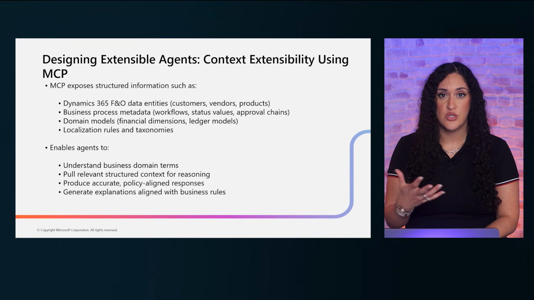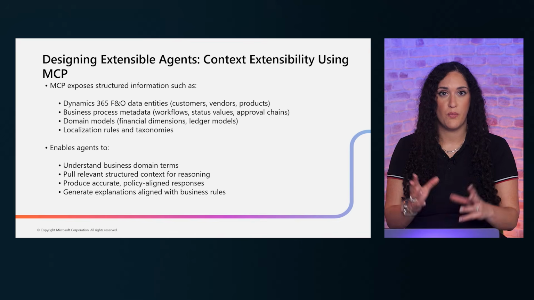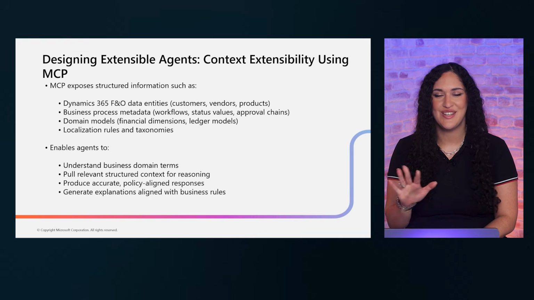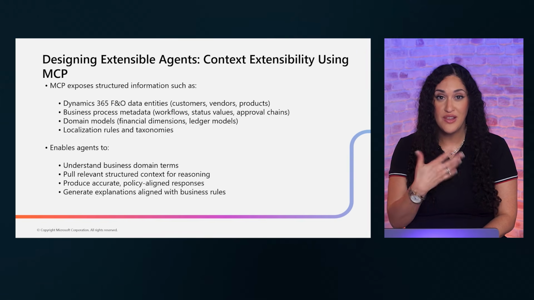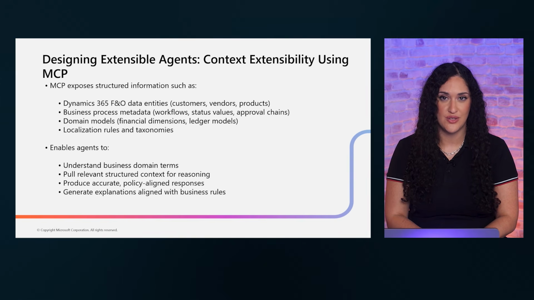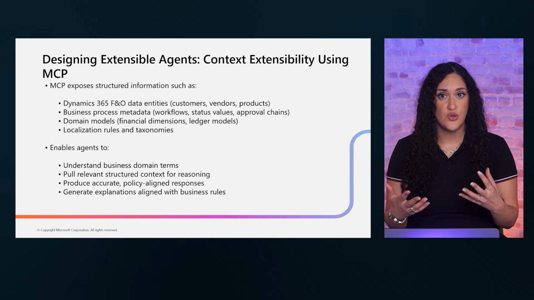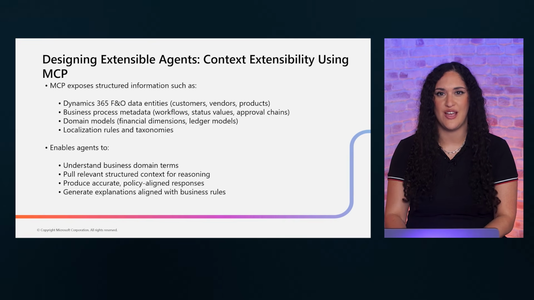This enables agents to understand business terminology, pull relevant structured context for reasoning, produce accurate and policy-aligned responses, and generate explanations that align with business rules. The best practice is to invest in the quality of your MCP context definitions. Garbage in, garbage out applies here. Well-structured, well-labeled context models produce dramatically better agent behavior.